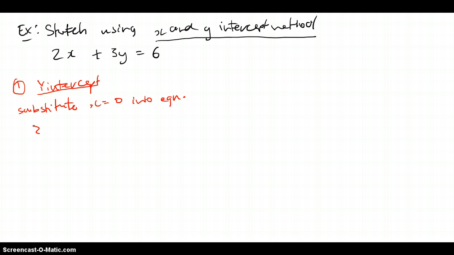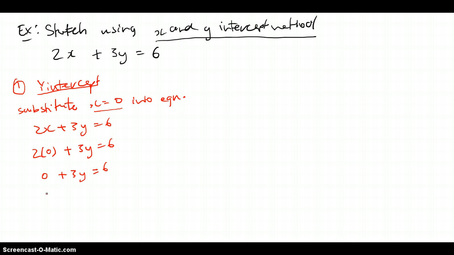In this case, we've got 2x plus 3y is equal to 6. Now if we substitute x is equal to 0 into the equation, what we're going to get is 2 times 0 plus 3y is equal to 6. Now what's 2 times 0? 2 times 0 will be 0, so we get 0 plus 3y is equal to 6.